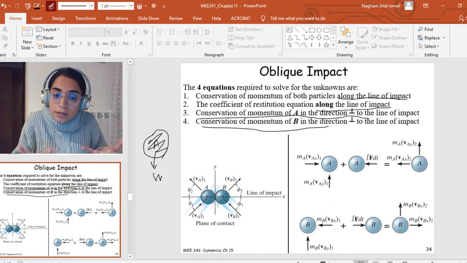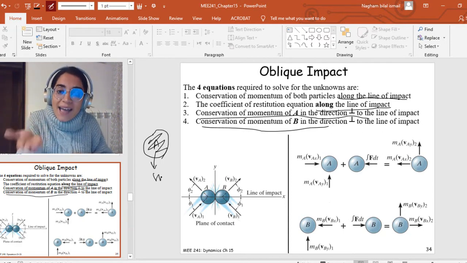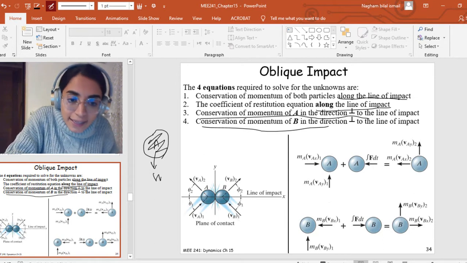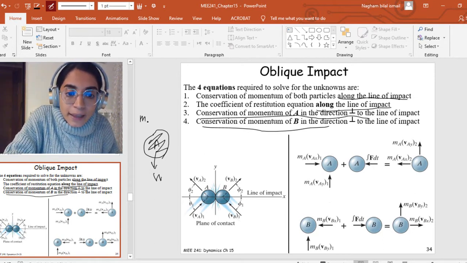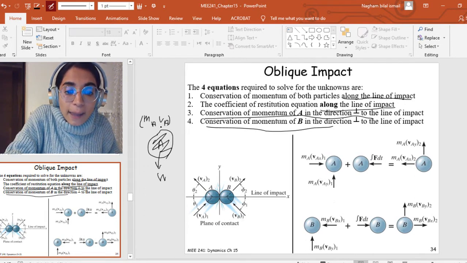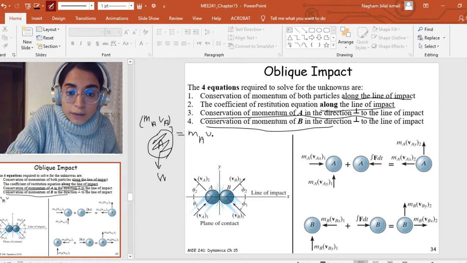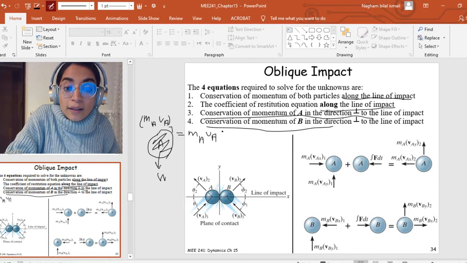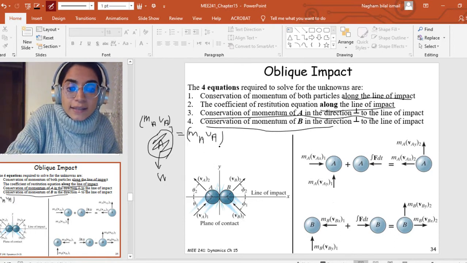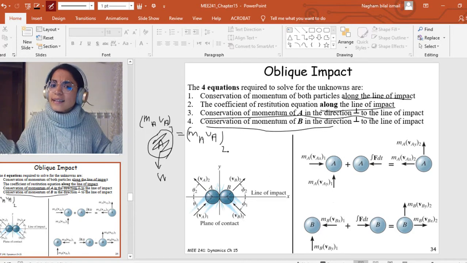So at least, guys, this weight will have an impulse. How can I say that MAVA before impact is equal to MAVA after impact, as if the impulse of the forces exerted between T1 and T2 on A is equal to 0? How can I say this?